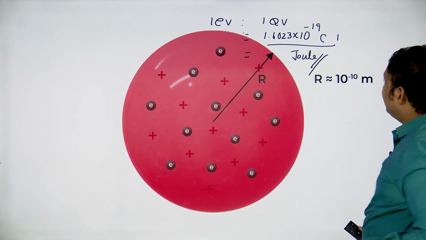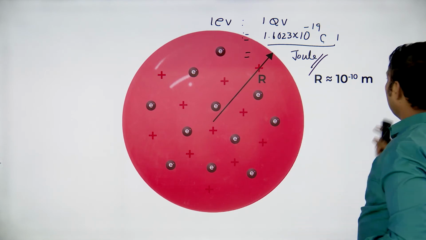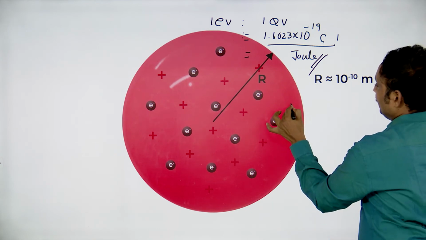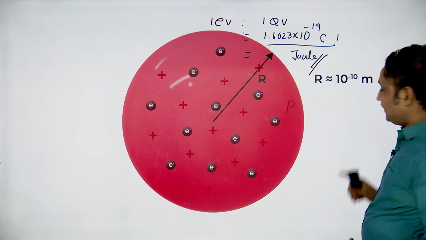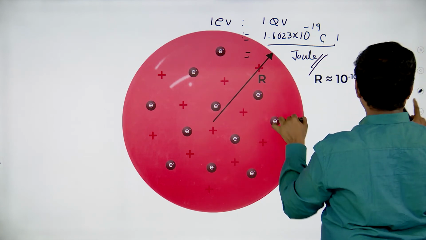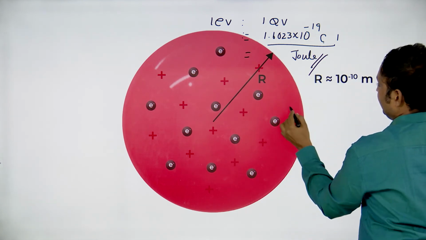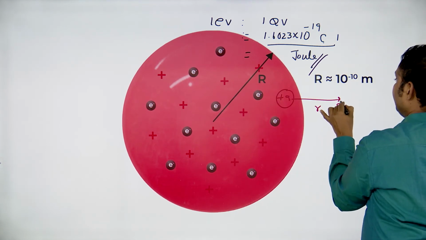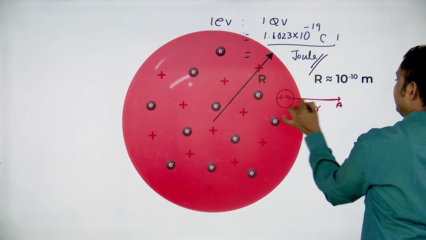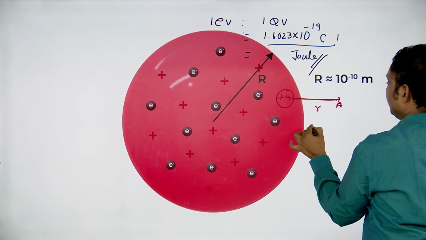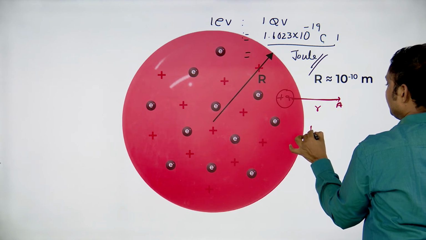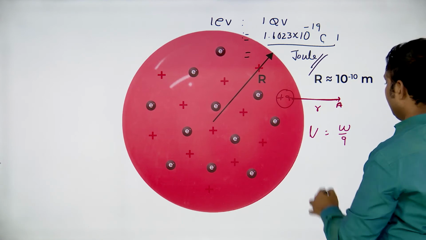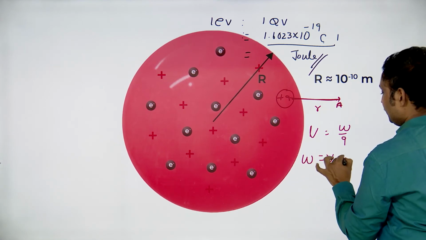All right. It's very simple to solve the problem. While you are going to learn potential, just take this one. This is very clear. This is a Q charge which has been displaced through a distance. So you can confirm that V is equal to W by Q. So W is equal to VQ.